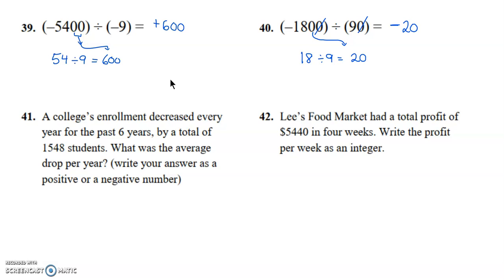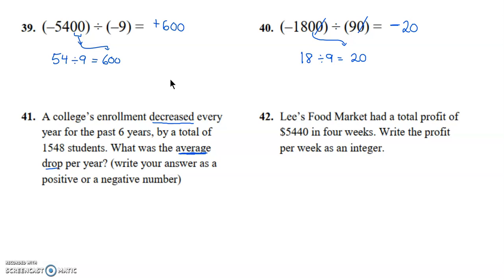For number 41 and 42, they're word problems. Let's see what we need to do here. Number 41, a college's enrollment decreased every year for the past 6 years by a total of 1,548 students. What was the average drop per year? So we're going down, down, down for 6 years, and we're looking for the average.